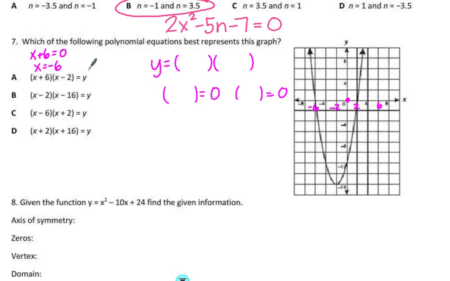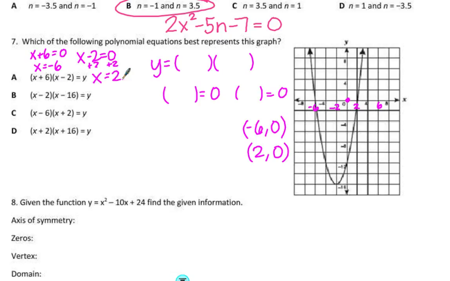I can see that my two solutions that I need are the points negative 6, 0, and positive 2, 0. So according to what just happened, I end up with the opposite value here. But right here I do see x equals negative 6. What happens if I set this x minus 2 equal to 0? I would add 2 to both sides, and I end up with x equals positive 2.